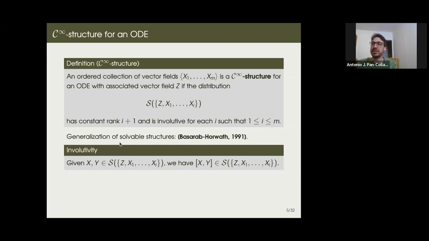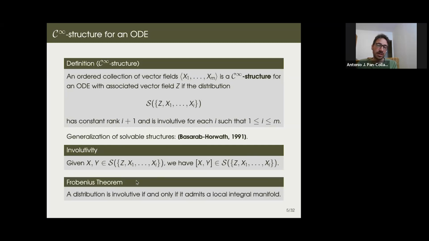Remember that involutivity means that the Lie bracket of two vector fields is again inside the collection of vector fields, inside the distribution. And recall also that the Frobenius theorem establishes that involutivity implies the existence of integral manifolds.